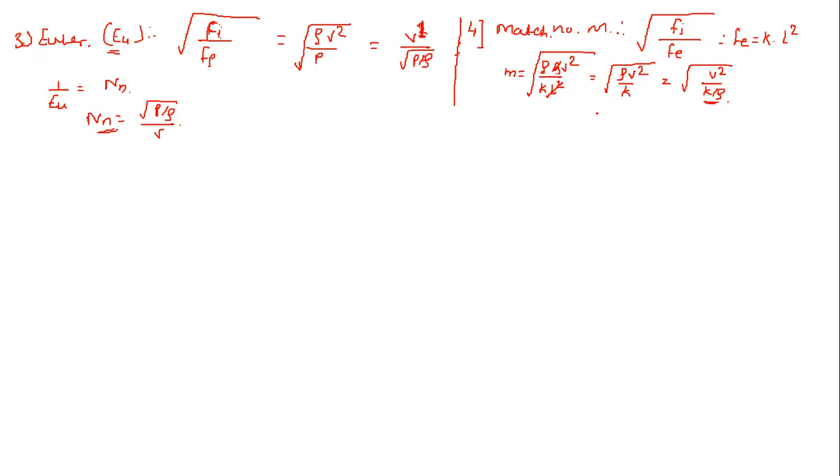Okay, see that K by rho, the bulk modulus of elasticity upon density, indicates the velocity of the sound in a fluid. Which type of fluid is considered, means suppose that we have considered water, then the velocity of the sound in water will be equal to the bulk modulus of elasticity of the water divided by the density of the water.